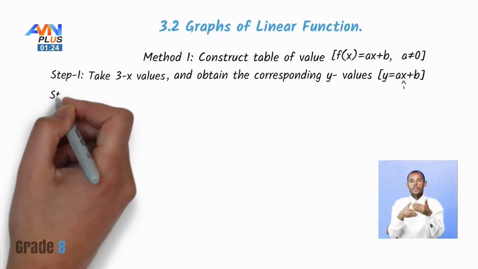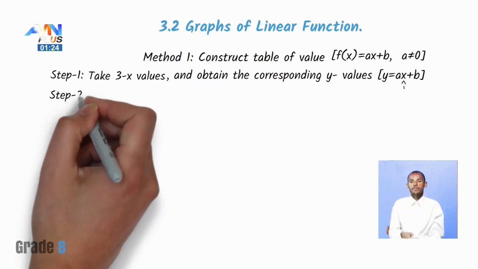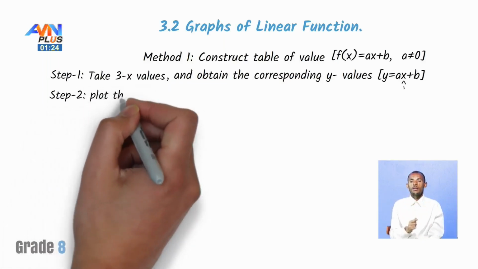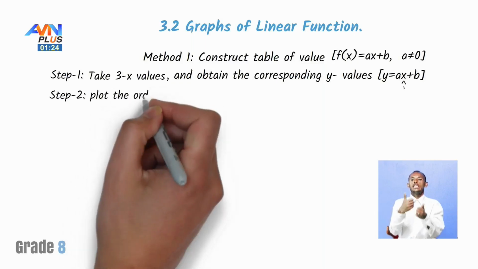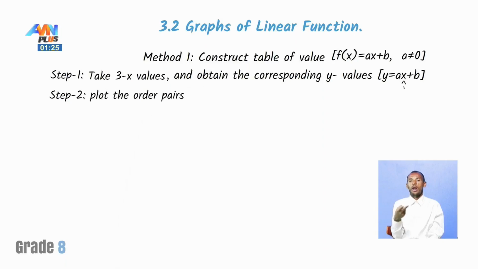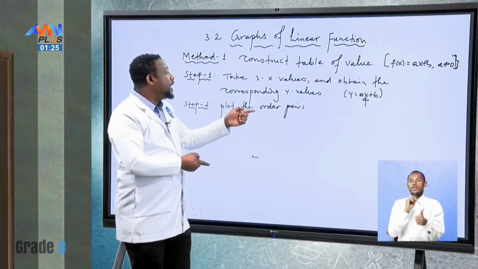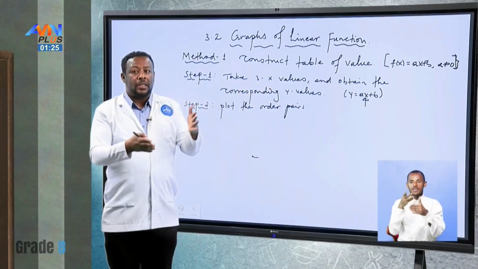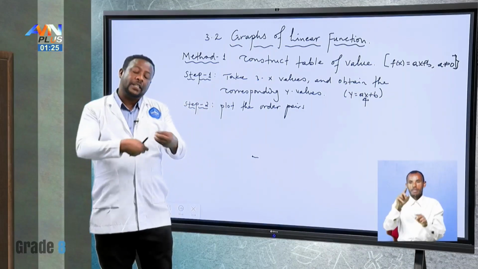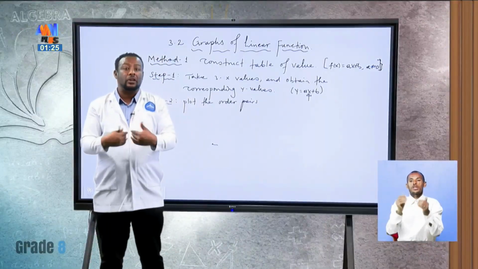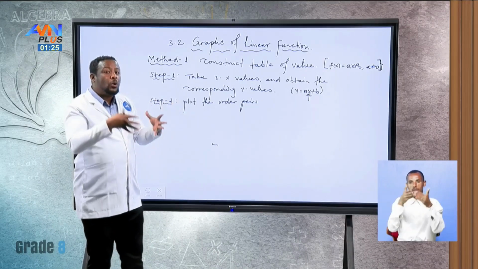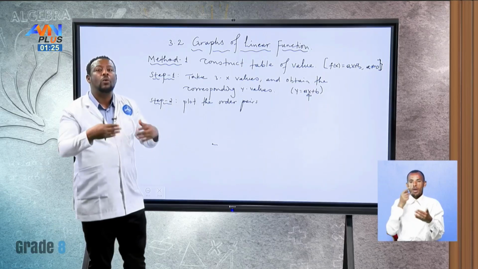In the second step, we plot the ordered pairs obtained in the first step, okay? In the first step, you take 3 different x values and substitute in the equation to obtain the corresponding y values. So the second step will be, we plot those (x, y) values.